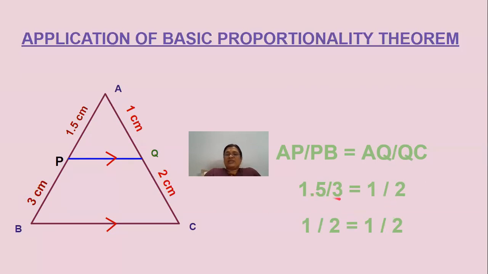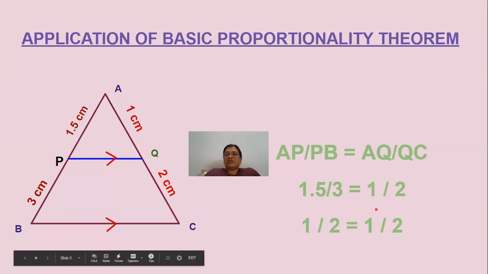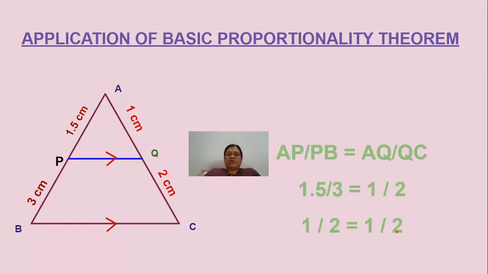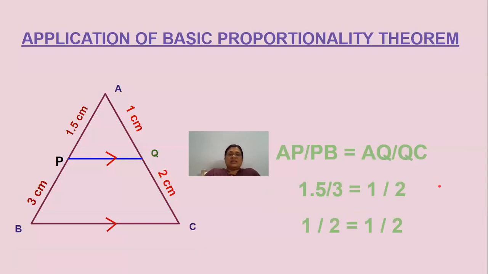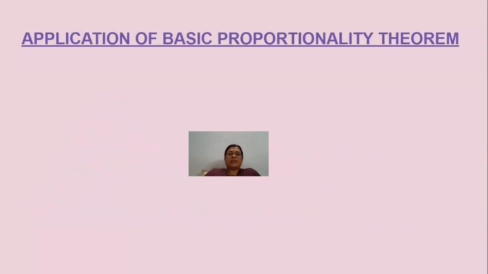When you cancel, you'll get 1 by 2 here, here also 1 by 2. So you got the same, LHS is equal to RHS. Therefore, you can easily confirm that the triangle APQ is similar to the triangle ABC. Yes, these two triangles are similar.